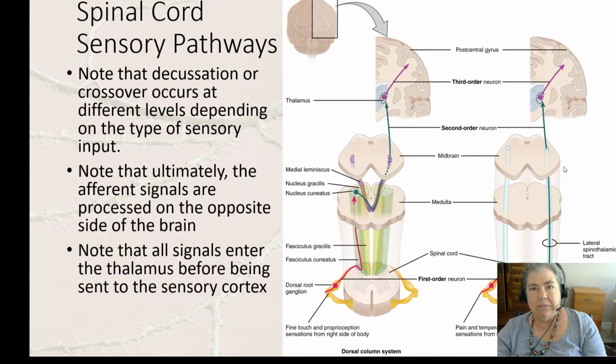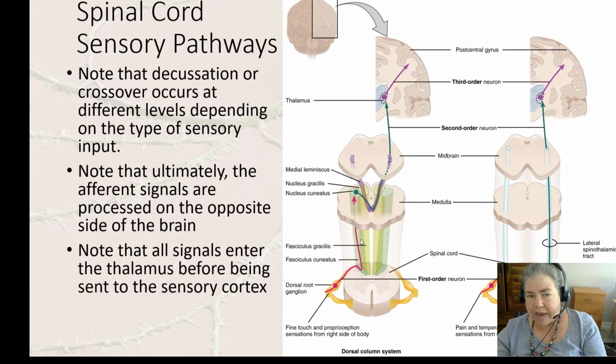And the crossover always occurs, but whether it occurs near the level where it enters or whether it occurs in the brainstem depends on the kind of signal and the tracts through which it is running.